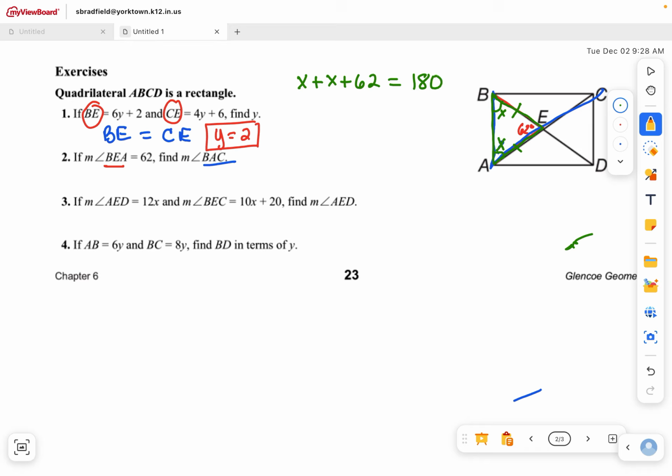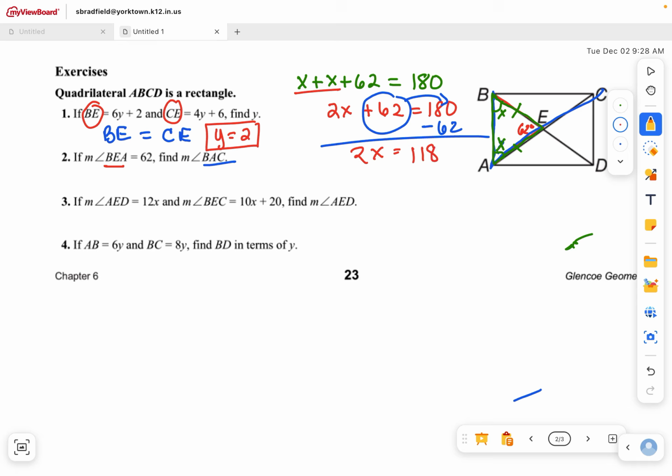And then that's the geometry part. Then we're going to do some algebra. Combine like terms. This is 2x plus 62 equals 180. We already have the variable on the left, so we're going to do constant on the right. 2x then is 118.